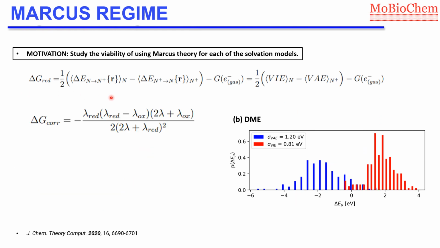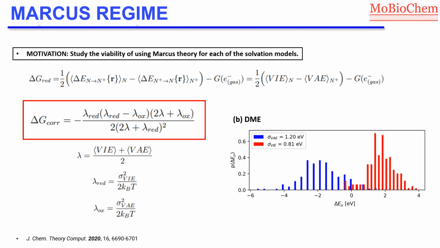However, there exists a correction described in this equation that can be implemented to the Marcus calculation of the one-electron oxidation potential to balance the lack of linear response of the solvent. This equation accounts for the different reorganization energies defined by these three expressions below.